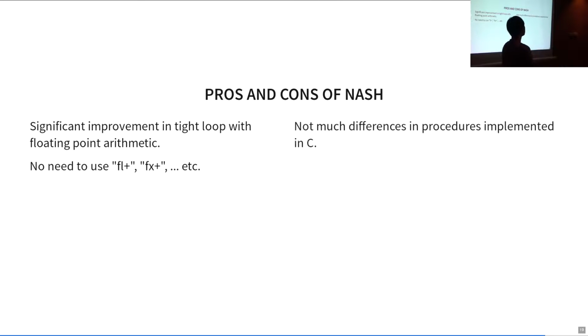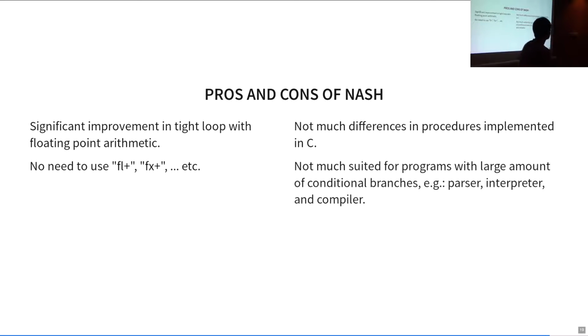As I said, when the program uses C functions, there's not much benefit from compiling to native code, and with a large amount of conditional branches like parsers, interpreters, and compilers, it's not working so well right now.